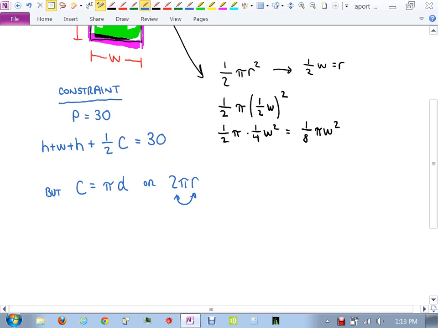The reason why I'm using pi d is because don't I know what d is? The diameter is w, isn't it? So pi w. So c is actually pi w. So that means my constraint equation becomes 2h plus w plus 1/2 pi w equals 30. Agree with that?